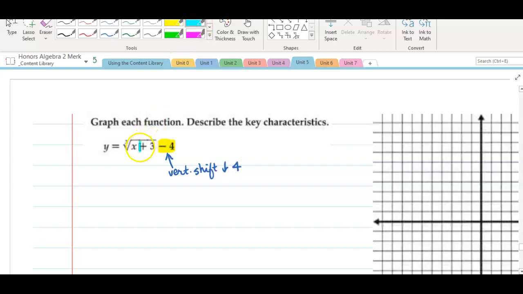And this addition of 3 under the radical, that's going to still cause a horizontal shift. Remember, it's the opposite of what it looks like. That's going to go left 3. That's all that's happening here. Let's go ahead and graph this.